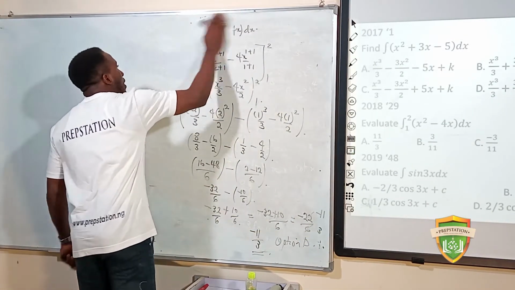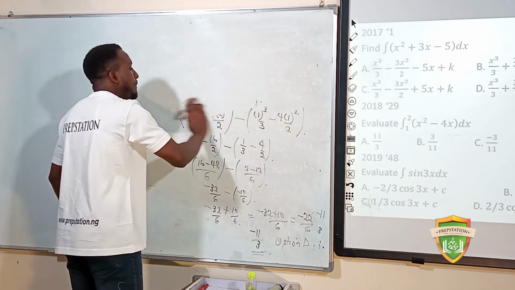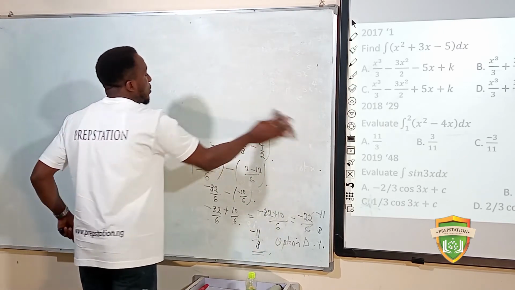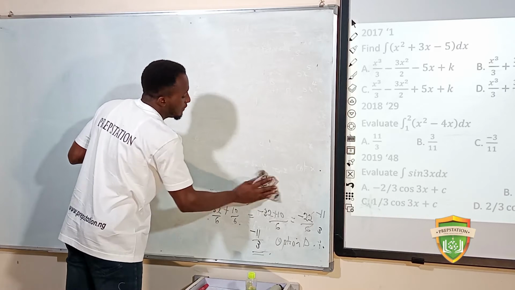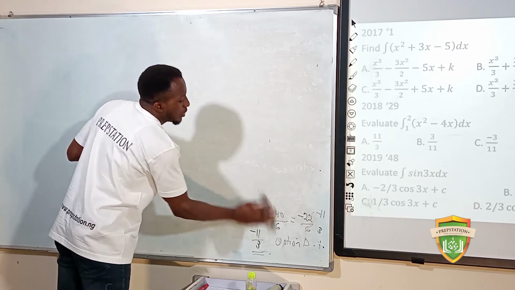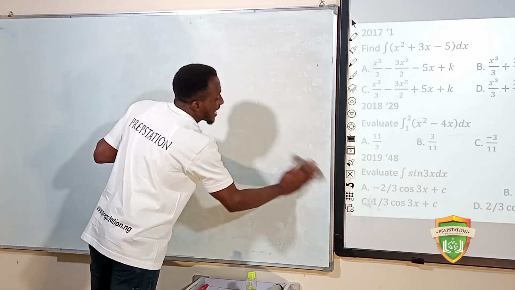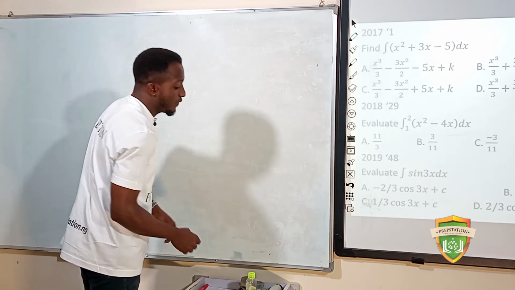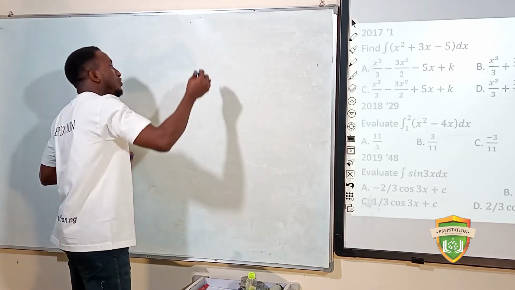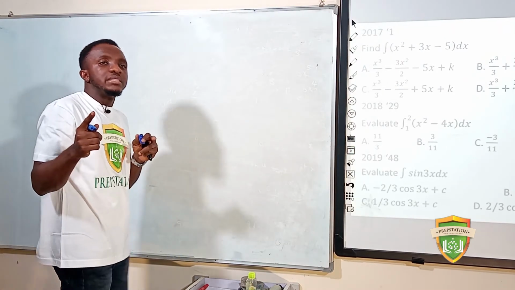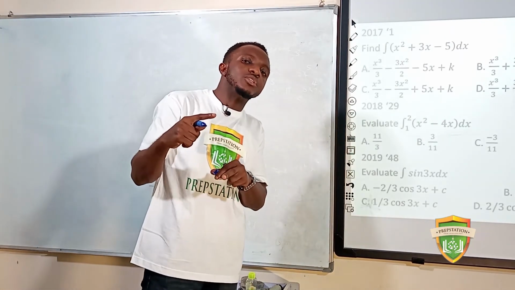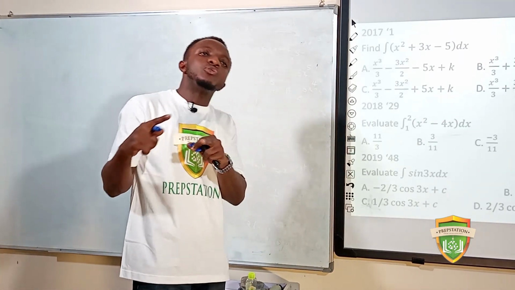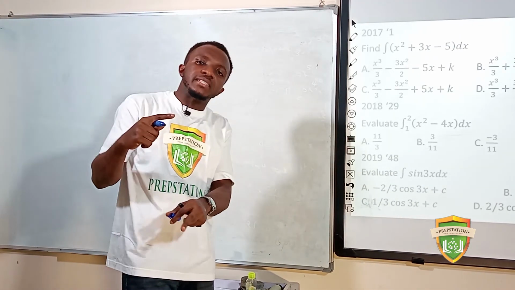That is that. Now let me give you very quickly, just like I did when I taught you differentiation, the integration of standard integrals for trig functions. Now remember I said that integration is anti-differentiation. So what differentiation gives you, integration reverses it.